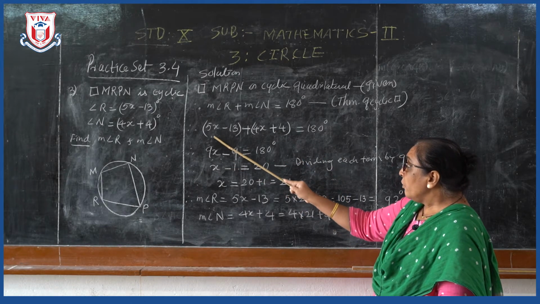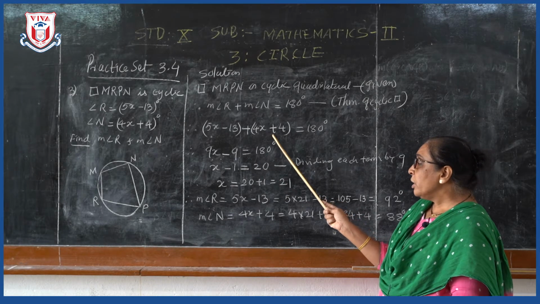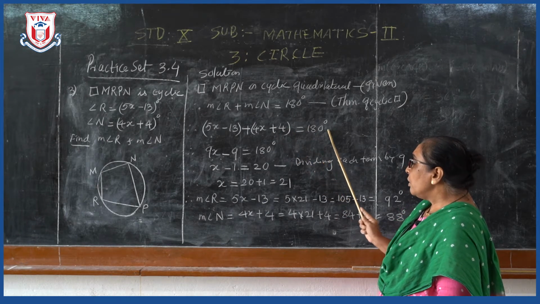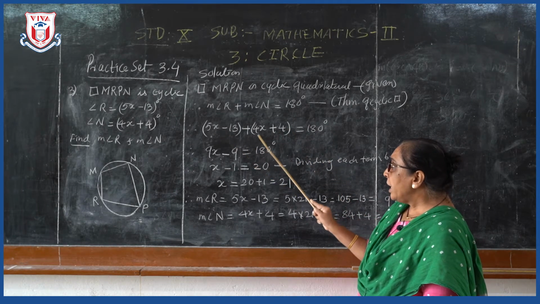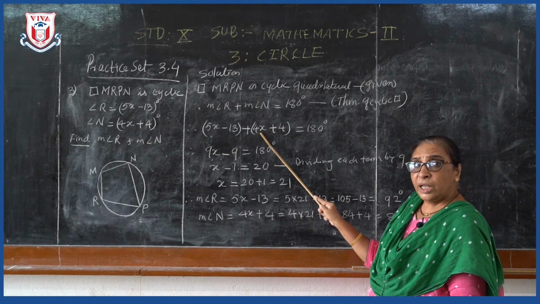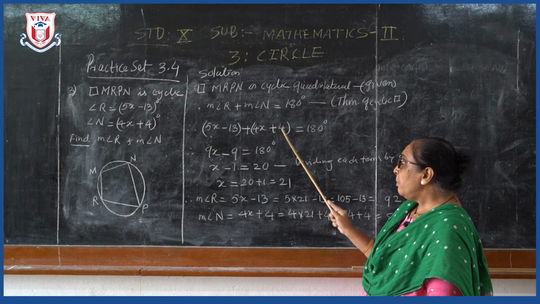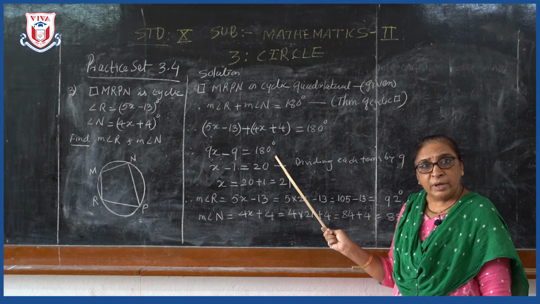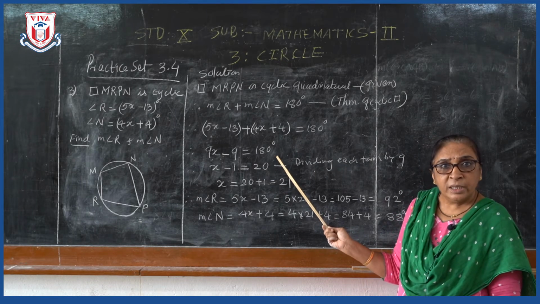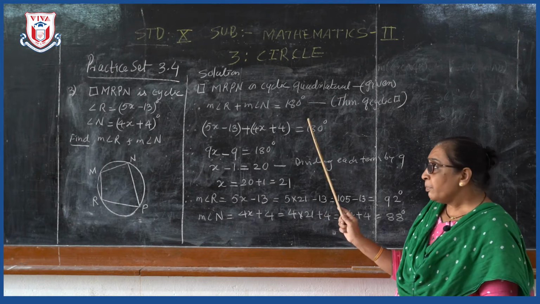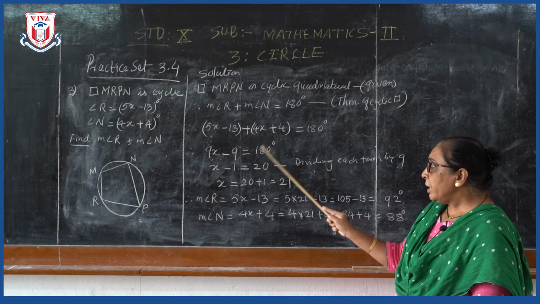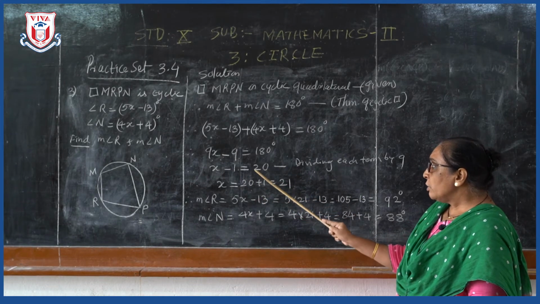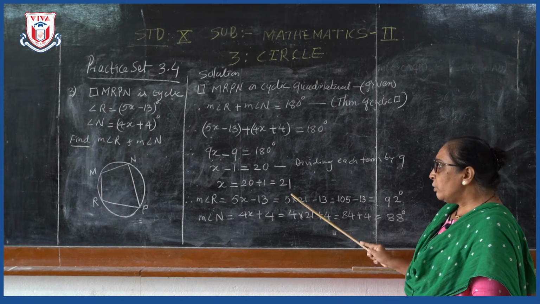So we can substitute the values here. 5x minus 13 plus 4x plus 4 is equal to 180 degree. Now if you add these like terms 5x and 4x, you will get 9x, and minus 13 plus 4 means minus 9. So 9x minus 9 is equal to 180 degree. Now simplify this to solve this linear equation. Each term is divided by 9, so we will get x minus 1 is equal to 20. So x is equal to 20 plus 1, that is equal to 21.